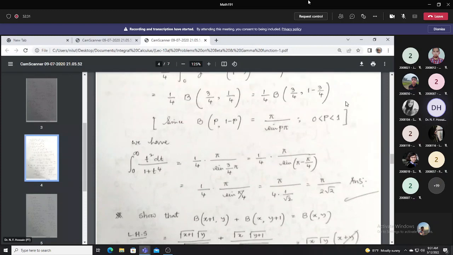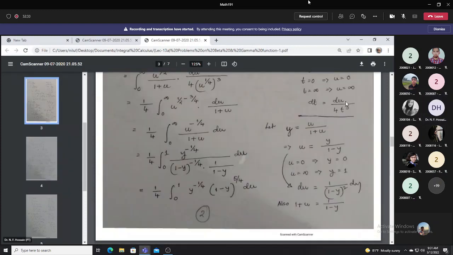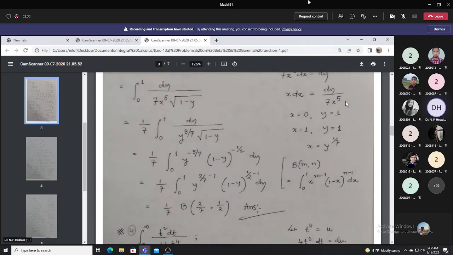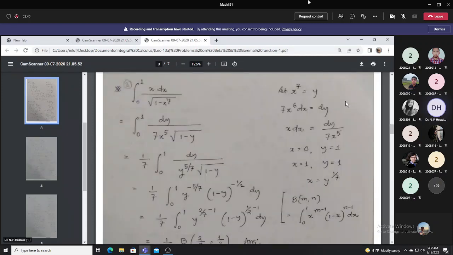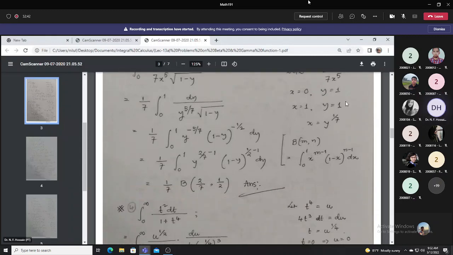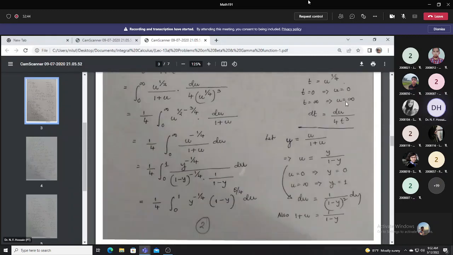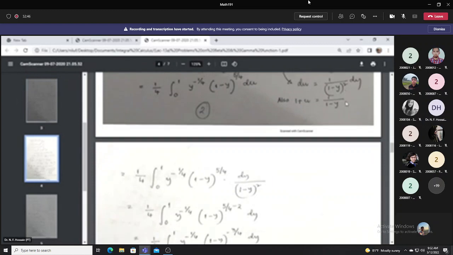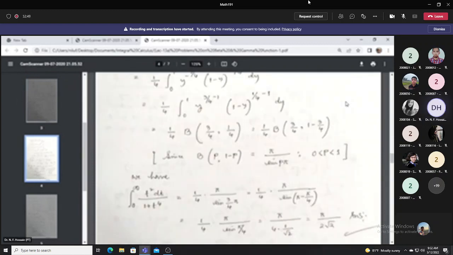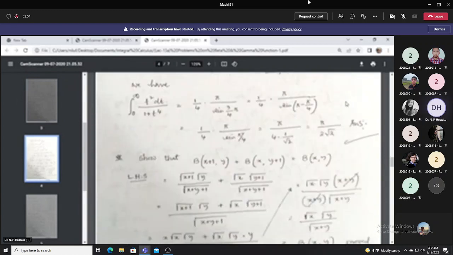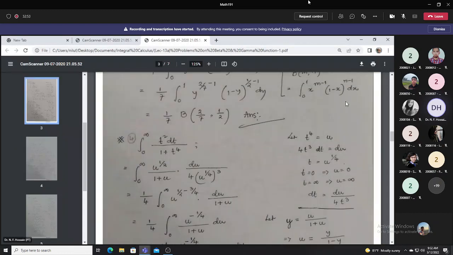Not this one here. Which one? Where we did another substitution. In which method? Okay, I think it was in the first page.